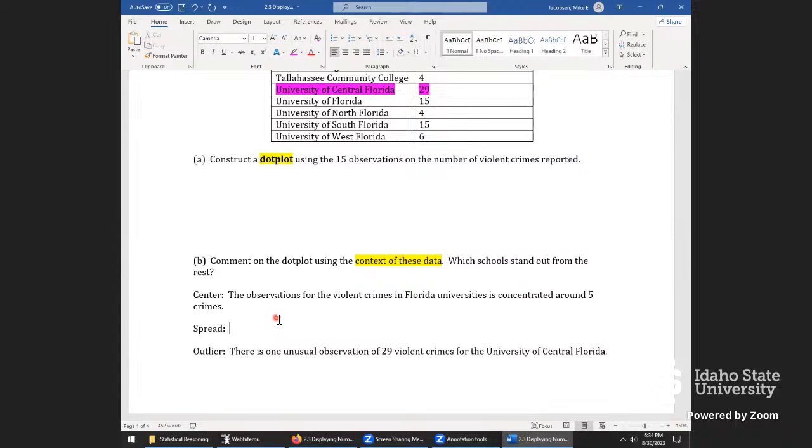And that's helpful information if we're summarizing a data set through these graphics right here. So we can say here, all of the violent crimes in this data set range from 0 to 29 crimes.